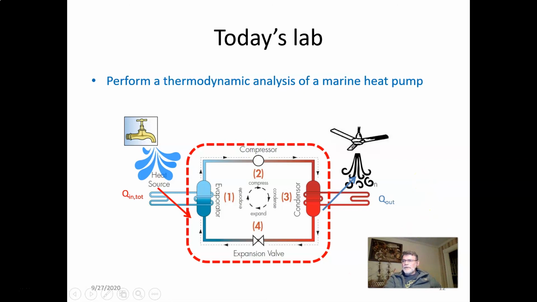During the lab, we are going to monitor the temperature and mass flow rate of water and air to calculate the heat transfer rate for the heat pump, using the data that we gather and the known electrical power consumption of the compressor.